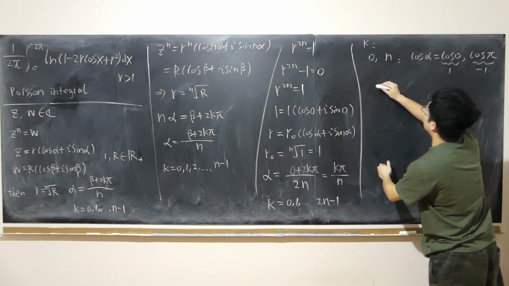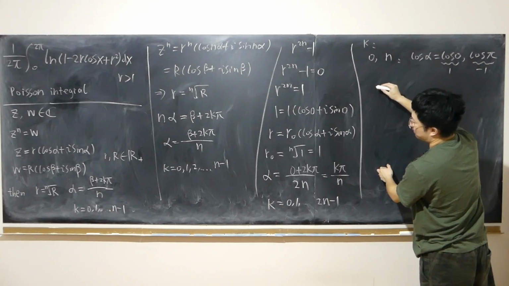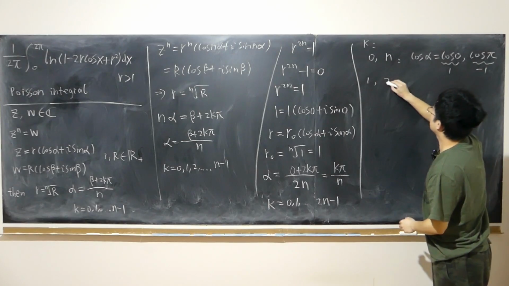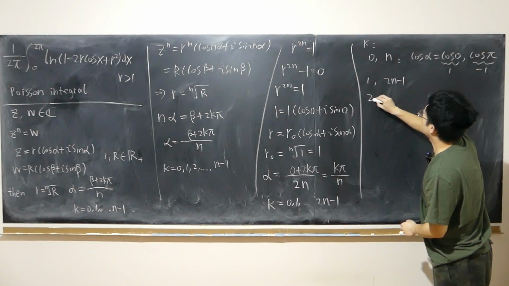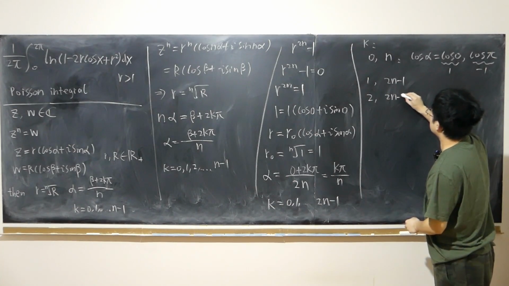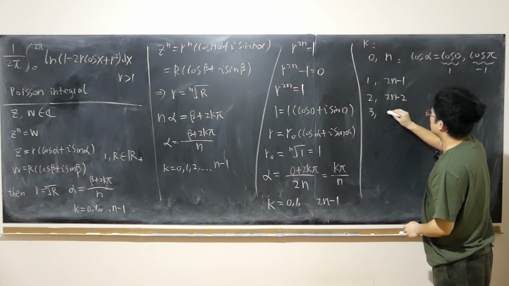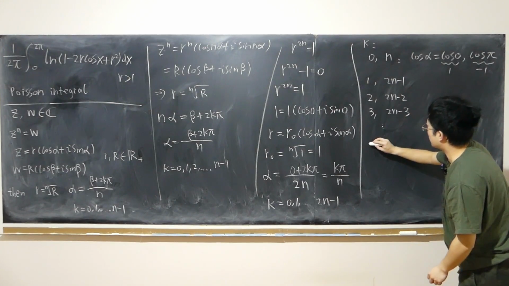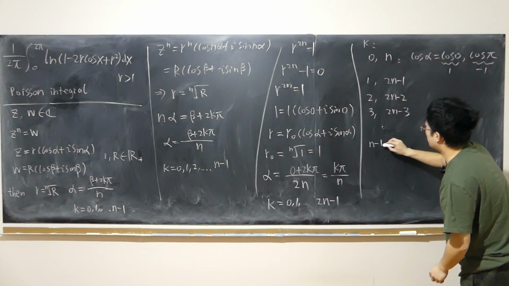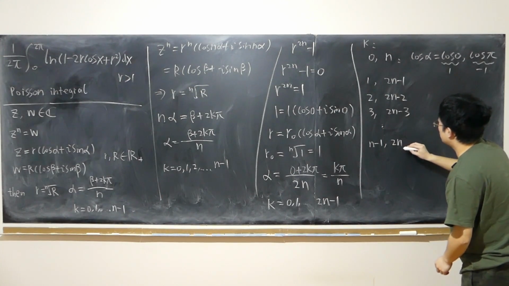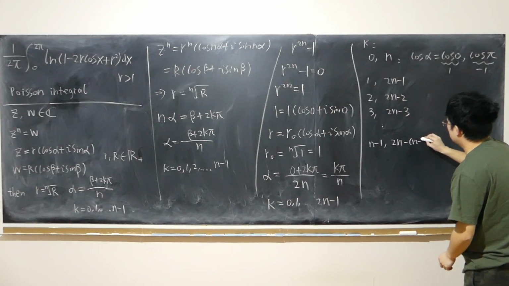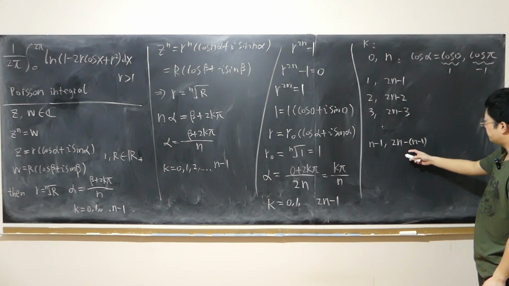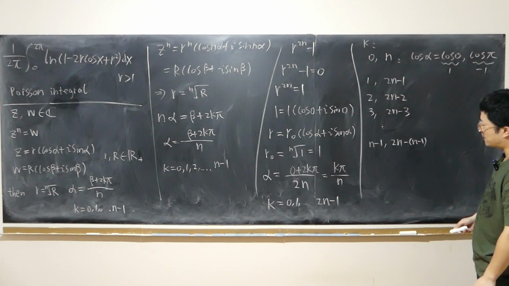And also at the same time, I'm looking at when k is equal to 1 and 2n minus 1, 2 and 2n minus 2, 3 and 2n minus 3, all the way looking at n minus 1 and 2n minus n minus 1. If 2n minus n, and that's n plus 1.